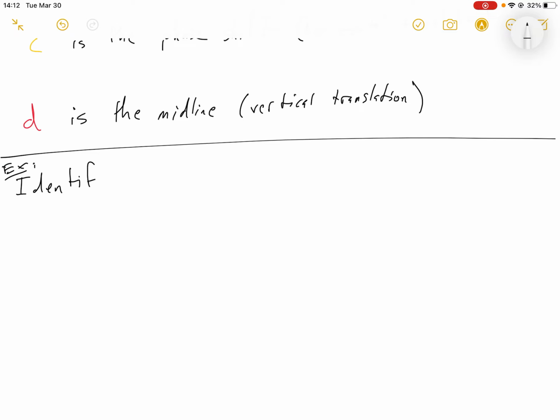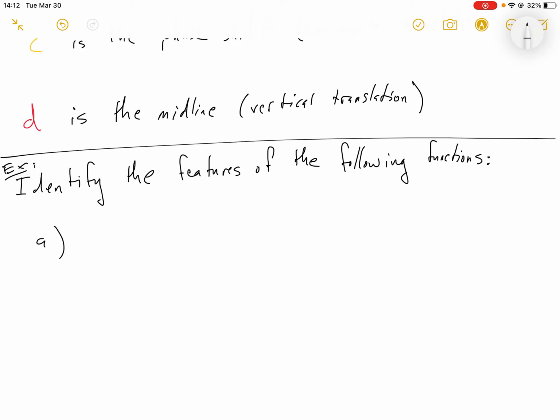Identify the features of the following functions. So we're not actually going to graph yet. I just want to do some practice with identifying these features.